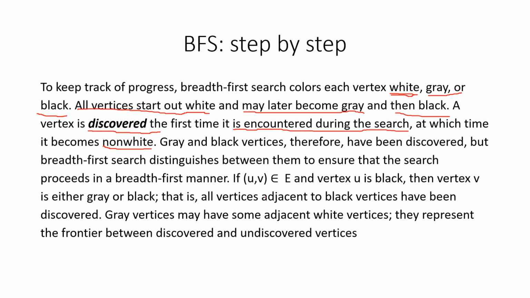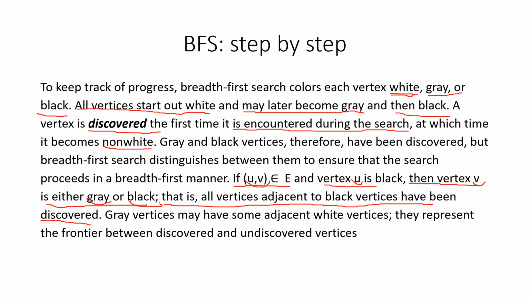So also, if there is some edge UV and vertex U is black, then vertex V is gray or black. Thus all vertices adjacent to black vertices have been discovered. So if we have some vertex U and this vertex has edge UV, it means that our vertex V is either gray or black, right?